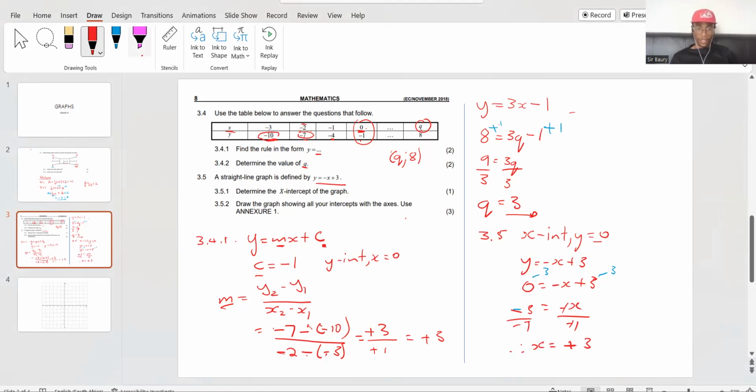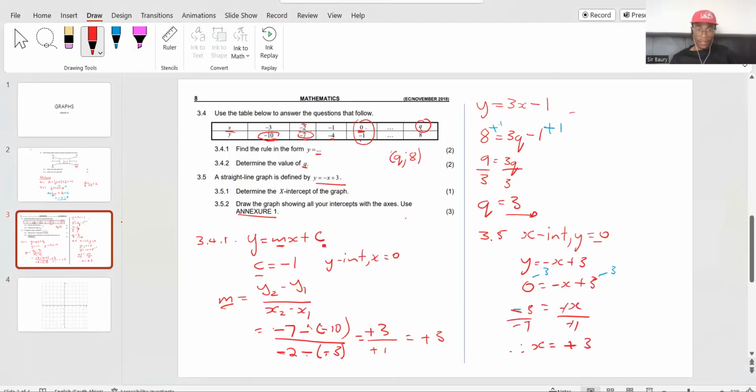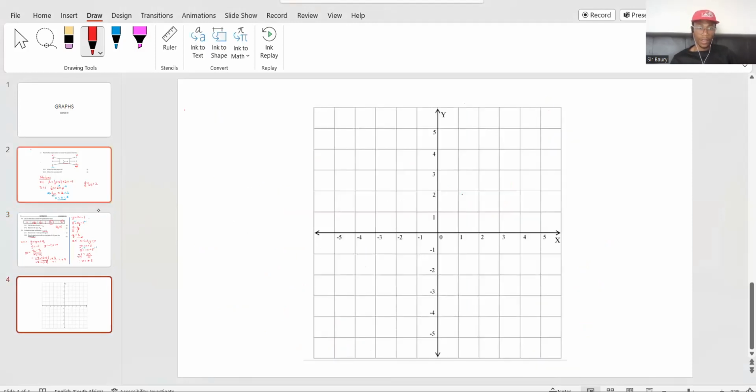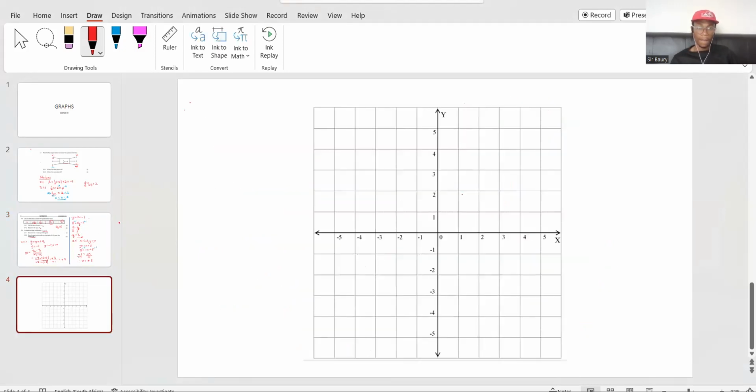And then the last question: draw the graph showing all intercepts of the axes. When it comes to drawing the graph, show the intercepts. For 3.5.2, the equation is y is equal to negative x plus 3.